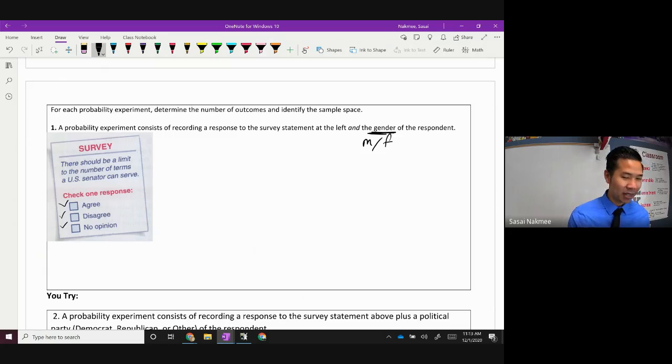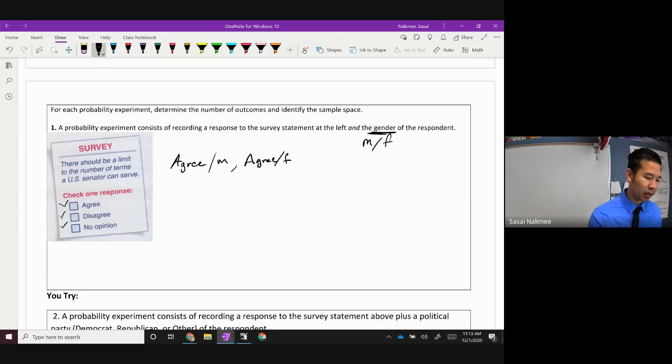So just for math's sake, let's say I was recording here and we see that one person agrees, right? If we're looking at the sample space, one thing we can say is that they agree. That's the first thing we measure. Then after they agree, we also measure to see if they're male or female. So they could agree and be male. They could agree and be female, right? What if they don't pick agree?